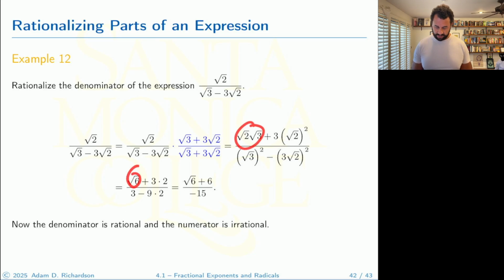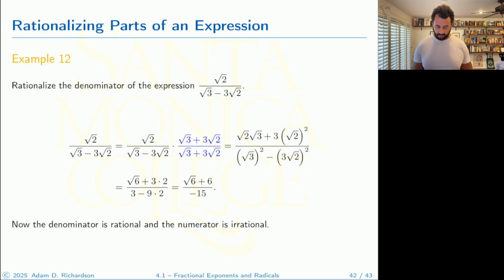Square root 2 times square root 3 is square root 6. Square root 2 squared is 2, to get 3 times 2. In the denominator, root 3 squared is 3. 3 times square root 2 squared is 9 times square root of 2, right? We're just distributing that exponent there.